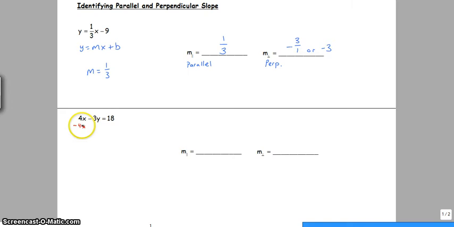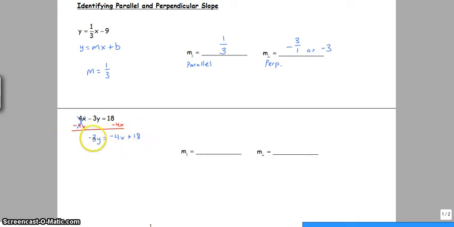We will start by subtracting 4x from both sides. 4x minus 4x is 0. I'm left with -3y equals, I always like to write my variable term or my x term first. These are not like terms, so I cannot combine them. This is a -4x and a positive 18.